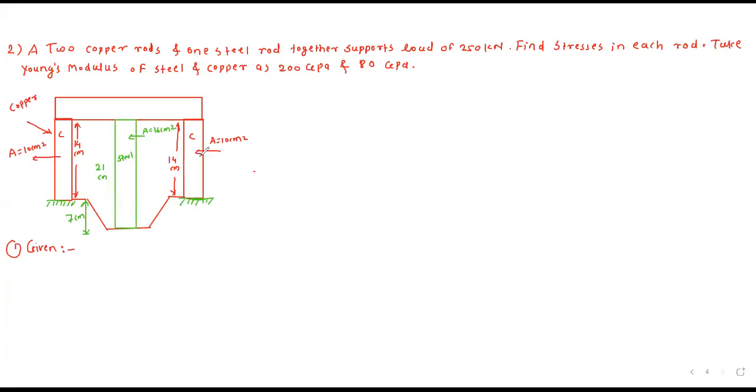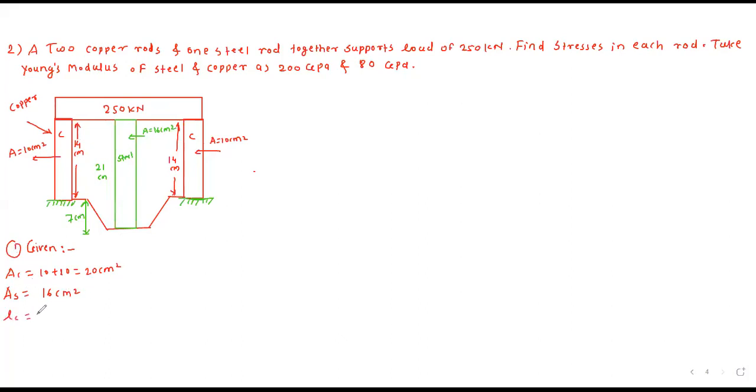So here 2 copper rods are given and 1 steel rod is given, and the total load is 250 kilonewton. Therefore, area of copper rods is 10 plus 10, which is equal to 20 centimeter square, because there are 2 copper rods. Area of steel is 16 centimeter square.